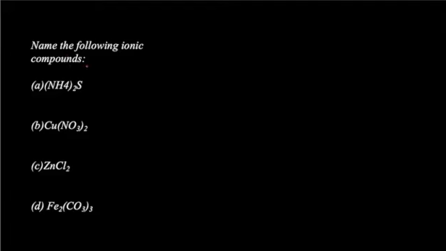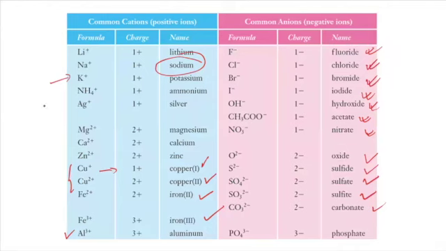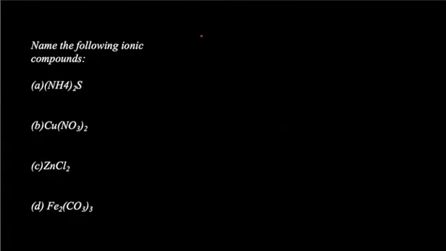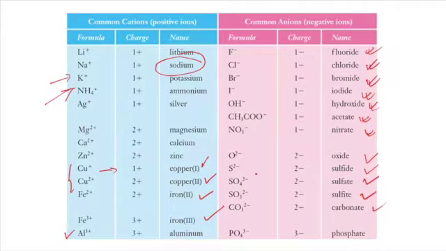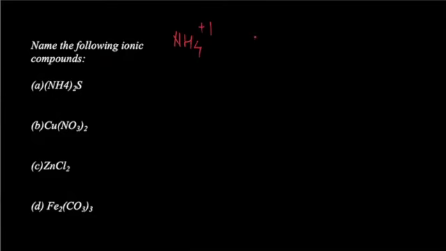Okay. So we have this NH4 twice S. So we look at NH4, which is positive, right? We have this NH4 with 1 positive charge, and then another is S. S is -2. Okay. My S is -2.